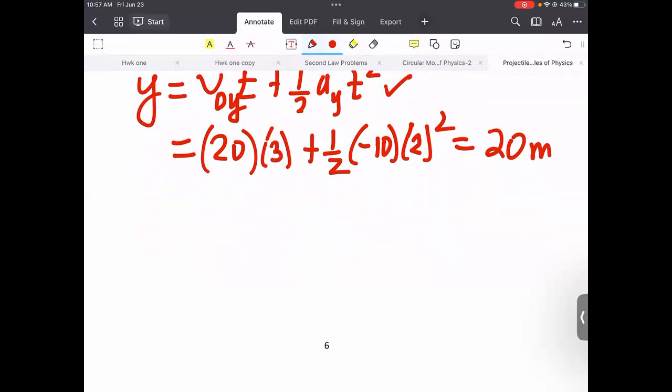Then let's change our time to 3 and see what we get.